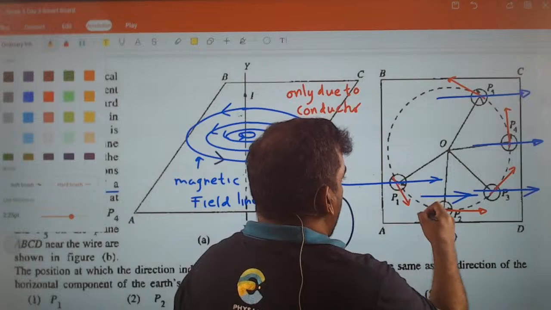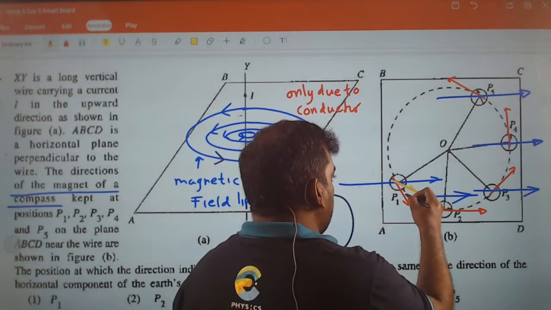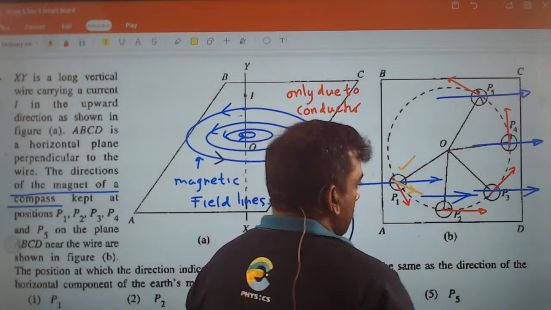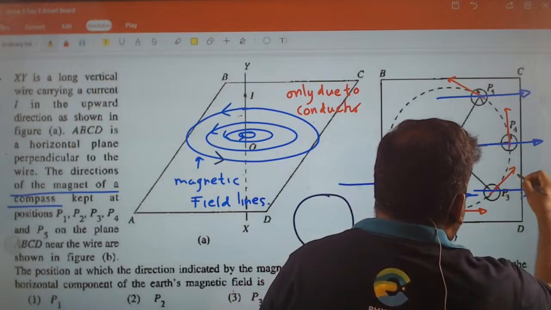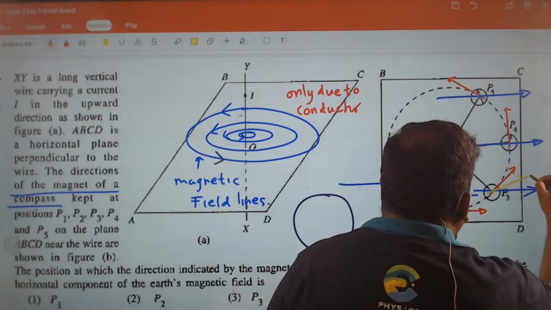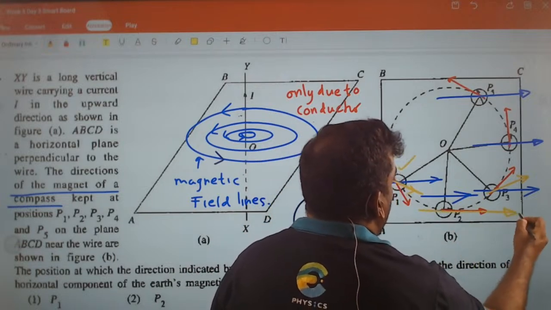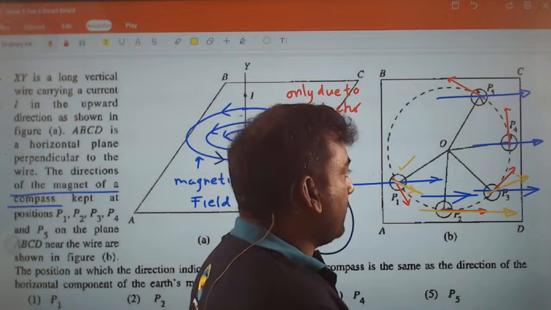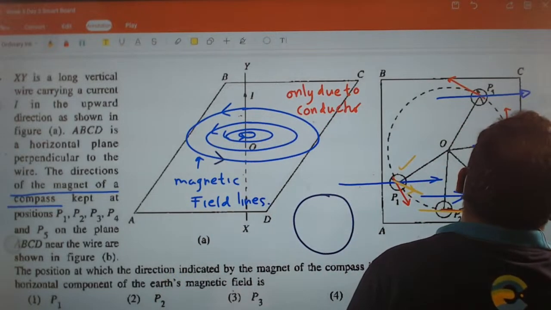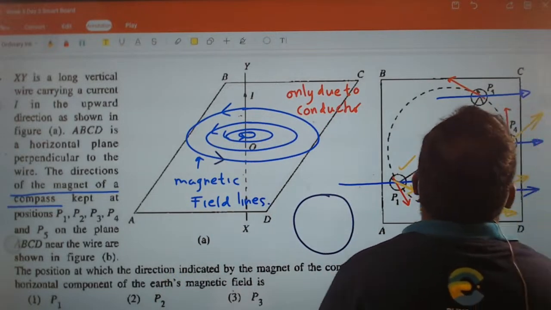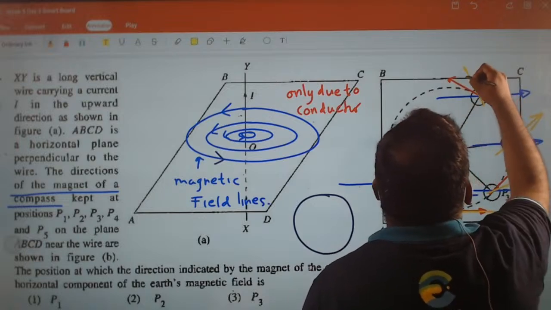Now here two magnetic fields, here resultant, correct? Here two magnetic fields, technically it should be along this direction. These two are parallel, it should be in the same direction. Then these two are perpendicular, it should be here. Here it should be somewhere there.